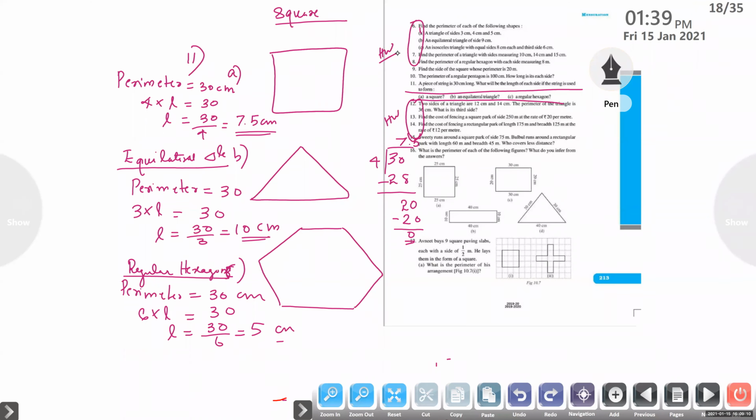Did you finish writing? Ma'am, 15 is also homework, right? Question 16 needs no writing. That is simply to find the perimeter by adding.